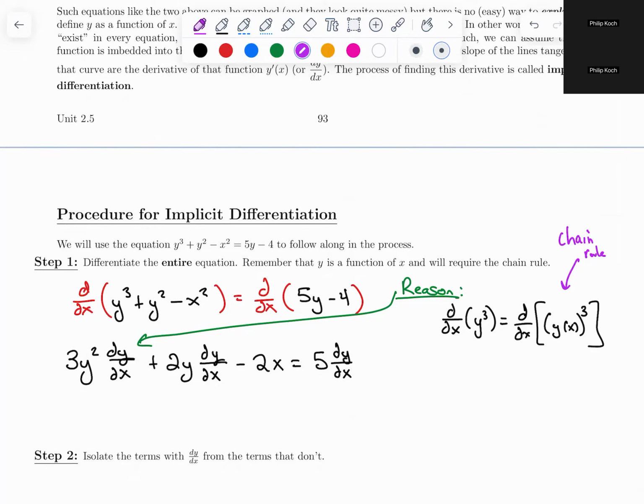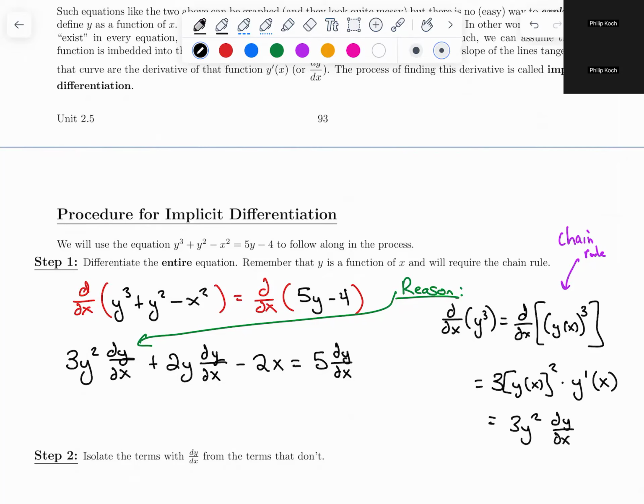So it'll be 3 times y of x quantity squared times y prime of x. Derivative of the outside, which is the third power, times the derivative of the inside, y prime. And then just writing it nicely, that's 3y squared dy dx.